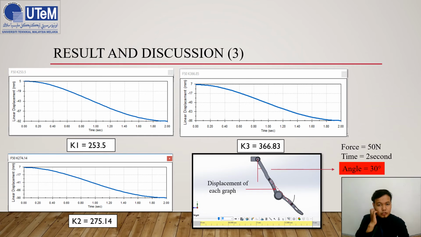So we still use the 50 Newton force to perform this study, and the time to perform this study is 2 seconds.